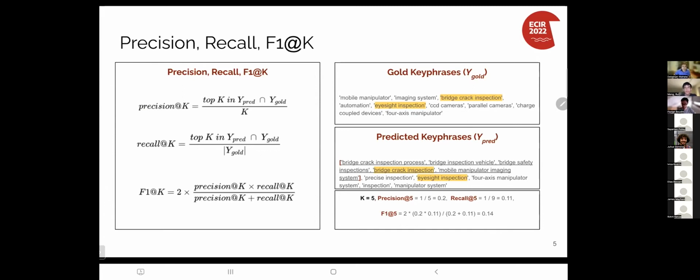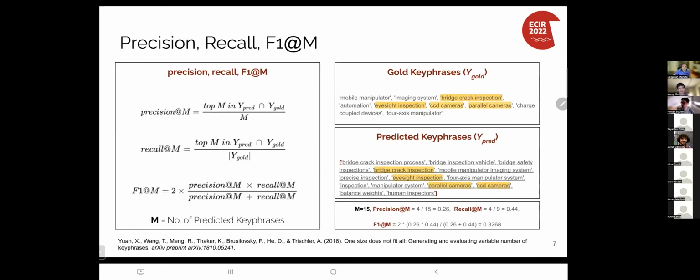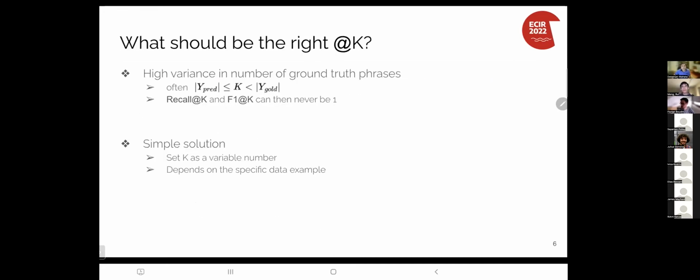This is pretty straightforward. If you look at some of the benchmark data sets, however, we'll find that there's a high variance in the number of ground truth phrases.